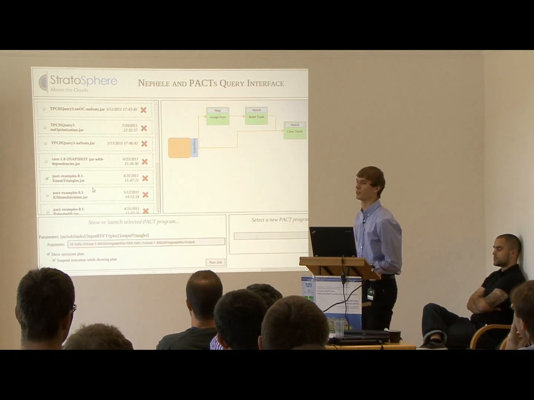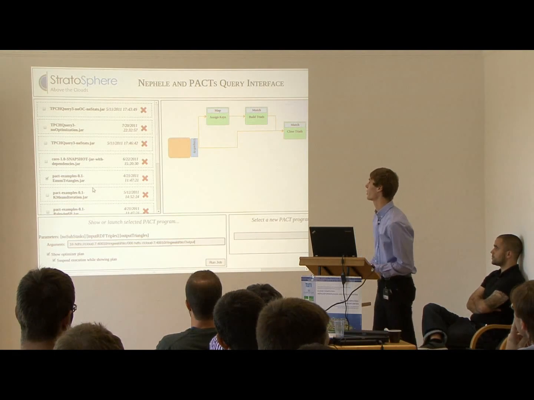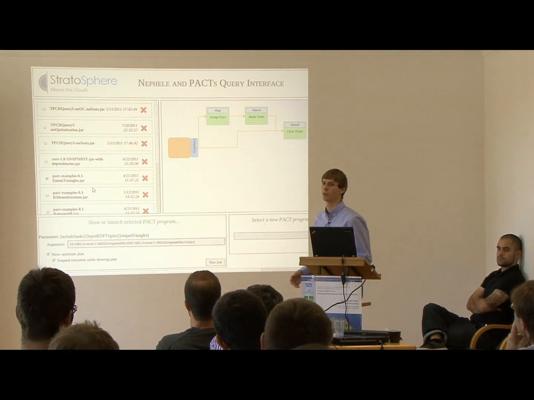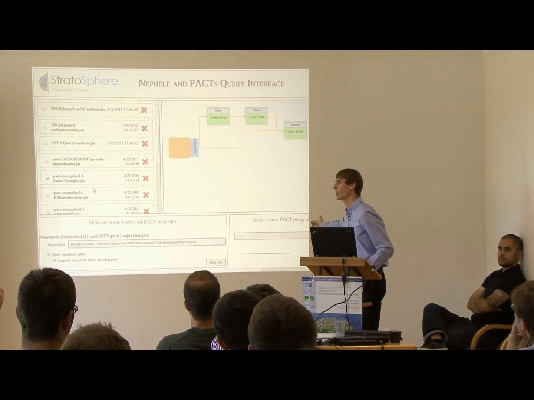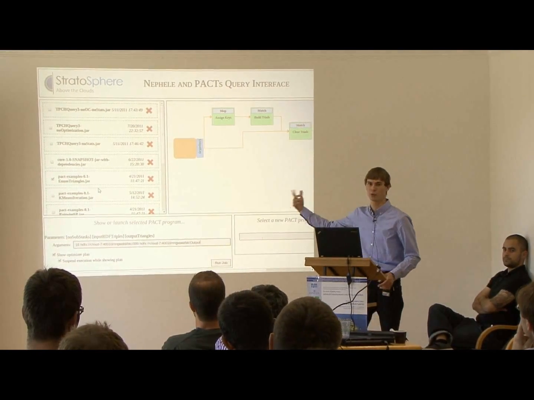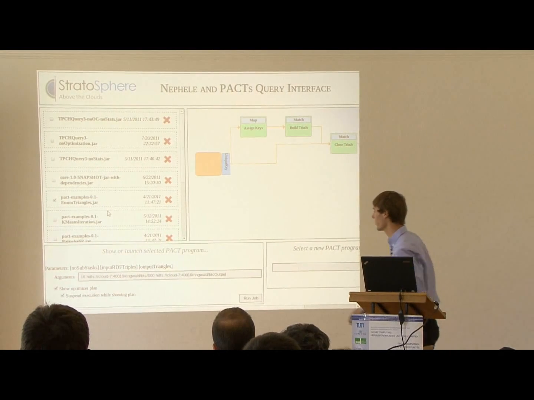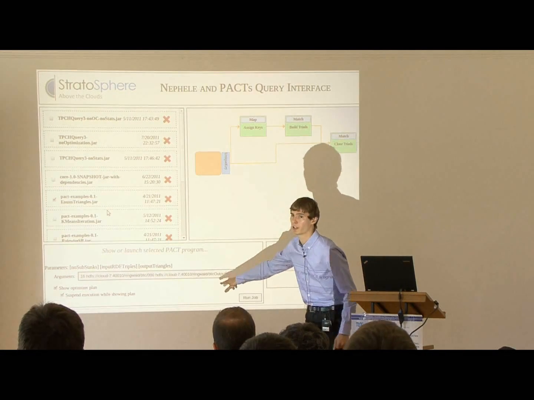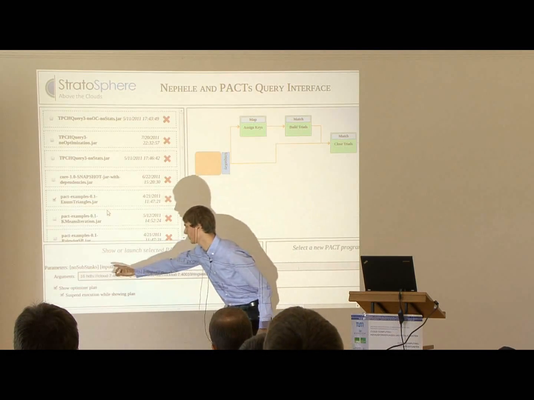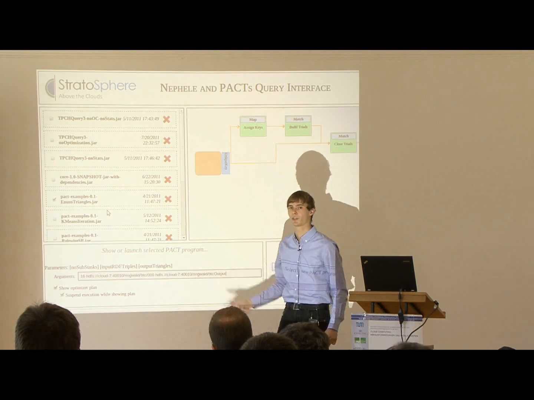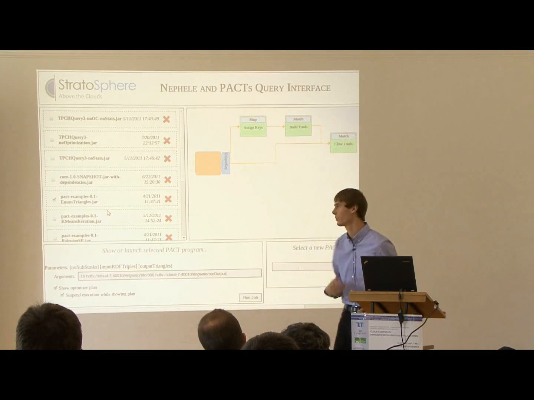This is the user interface. What you can see on the left side is a set of jobs the user can upload and then select so that they can be run. Here at the bottom you can give some parameters to the jobs. What I do here is set the number of subtasks for this task to 16, so that the degree of parallelization will be 16.